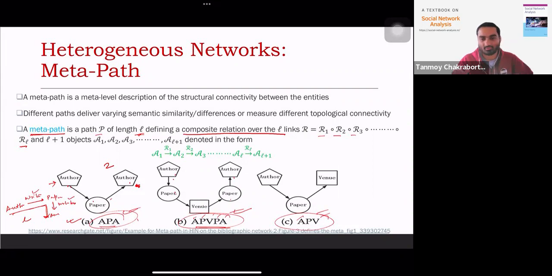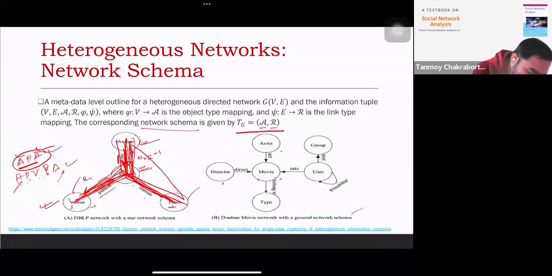So try to understand. We have now moved from the actual network to a network schema, and we are defining everything with respect to the network schema. And then whatever we define here, we map everything to the actual network later. How? Let's assume I say, tell me how many instances of a metapath of type APA exist in the graph.